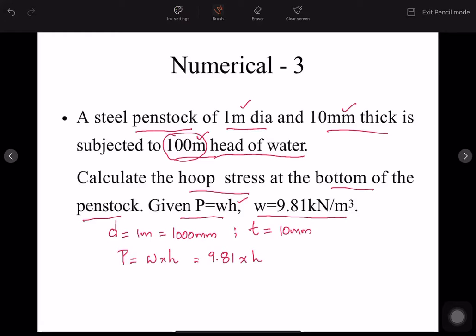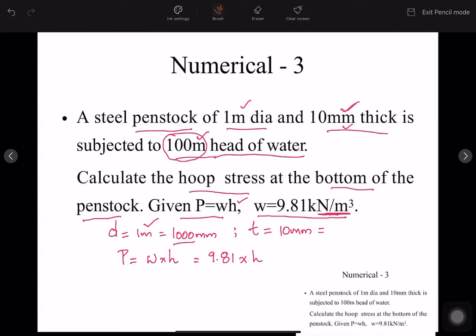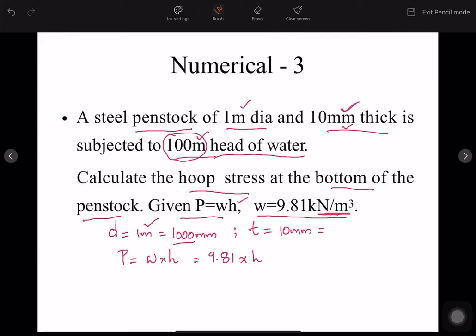So instead of converting everything into mm, it is easy for us to convert mm into meter, because we have w value in terms of meter cube. So keep it as 1 meter only instead of converting into 1000 mm, and we need to convert this thickness into meter. So 10 mm is equals to 0.01 meter.